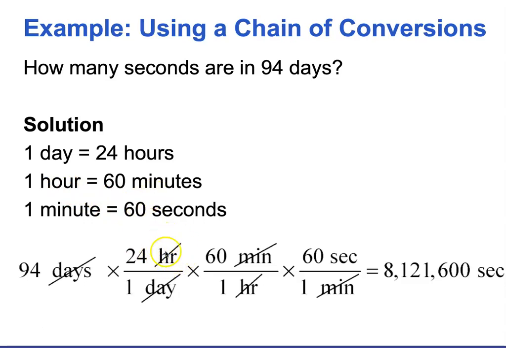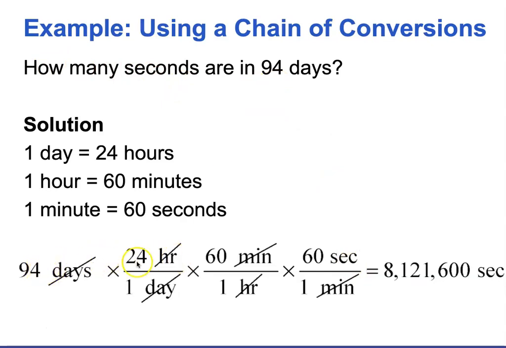Because we want to cancel this hour, the hours go on the bottom and the minutes go on top. So these hours cancel. But then now we want to convert the minutes to seconds. So we're going to put 1 minute equals 60 seconds here. So the minutes cancel, and if you'll notice, all the units canceled except for seconds. And that's what we wanted it to be in, because it says how many seconds are in 94 days.